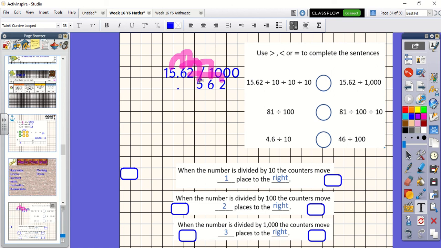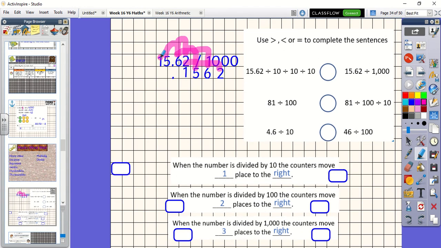So you've got 2, 6, 5, so this here should be 1, and I will just prove it to you by showing you how many times it should move. 3 places to the right, 1, 2, 3, and we've got that 1 there, okay? Now, we have got a number, a place here that hasn't got any numbers in. We can't leave that there, and we've also got a place here without any numbers in, and we can't leave that there either.